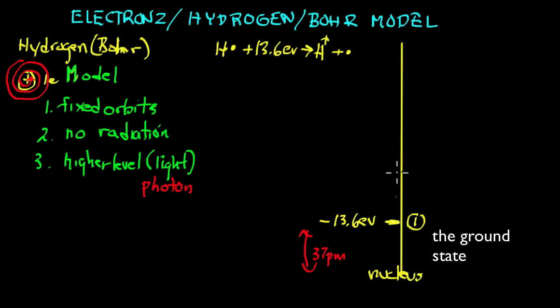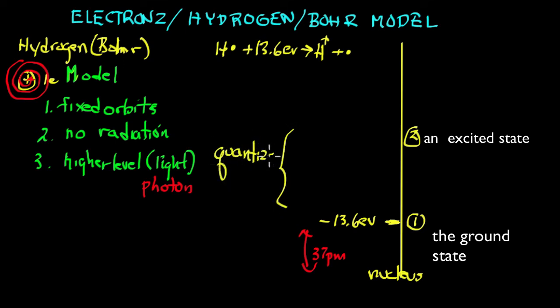It doesn't go anywhere in between. So these levels, going to the second level, these levels are called quantized levels. Don't let that scare you. Quantized means if you're going on a ladder, you can put your foot on the first rung or the second rung, but nowhere in between.